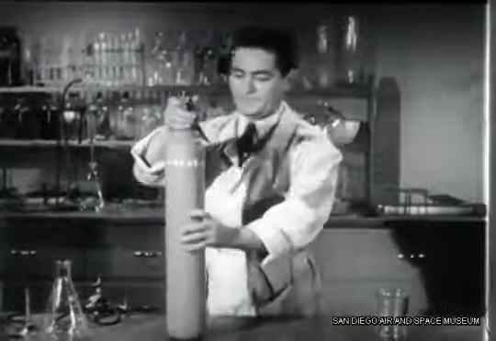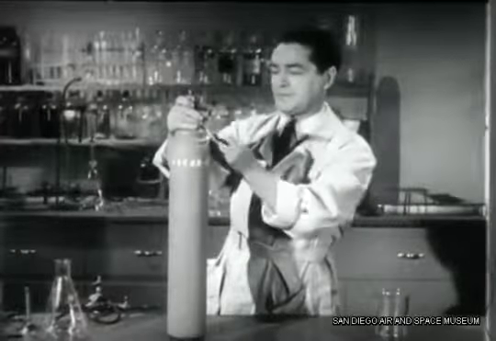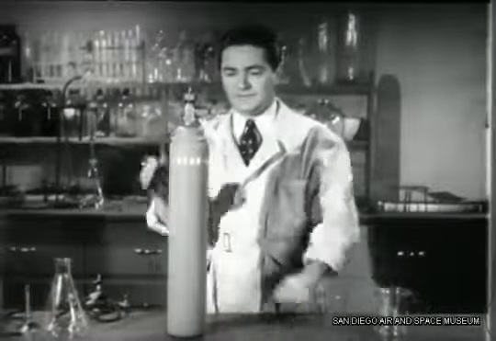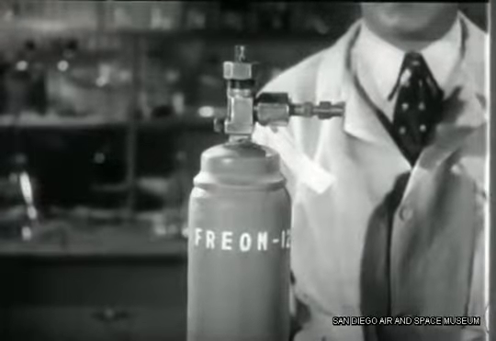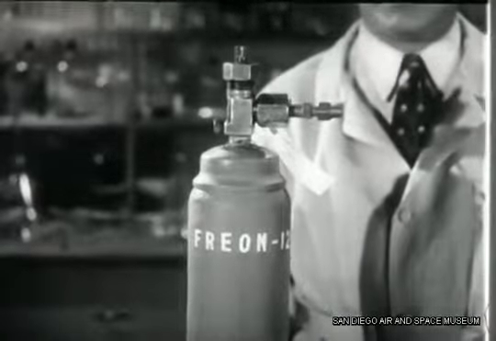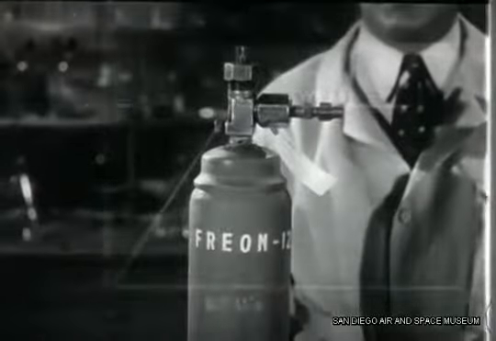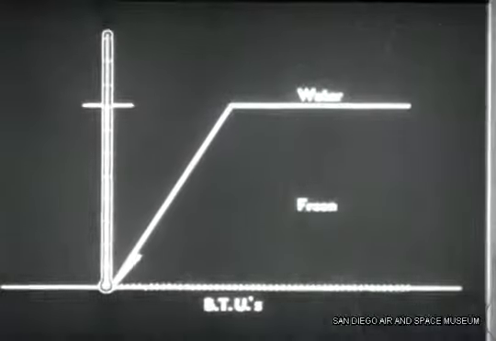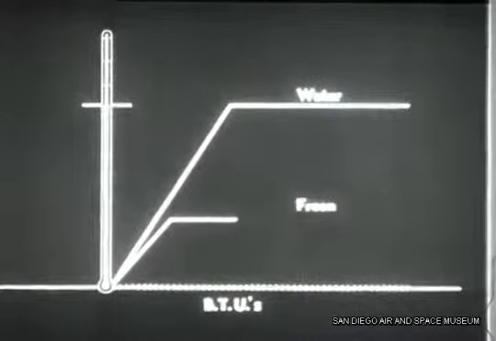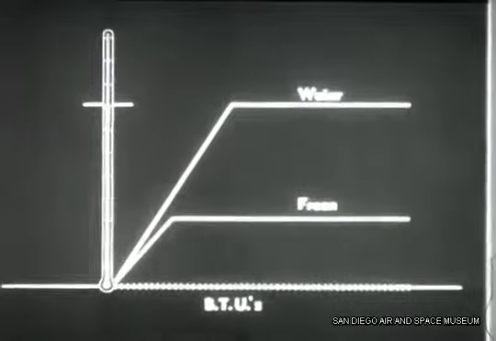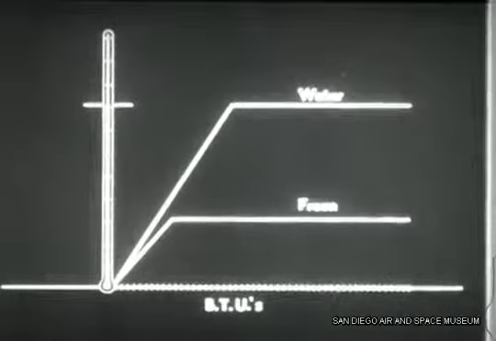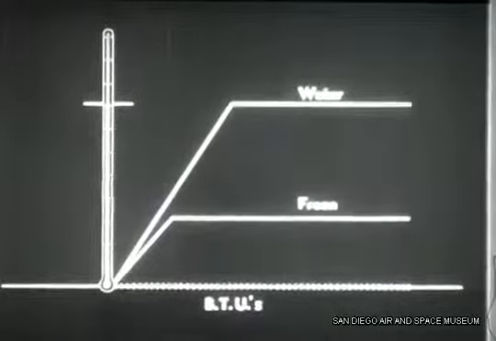Or you could cool the water even faster by using a substance called Freon, which evaporates so easily that it has to be stored under pressure in a tank like this to keep it liquid at all. Freon evaporates at a temperature far below the freezing temperature of water. So we can use the latent heat that Freon absorbs when it evaporates to freeze water or to keep food cold.